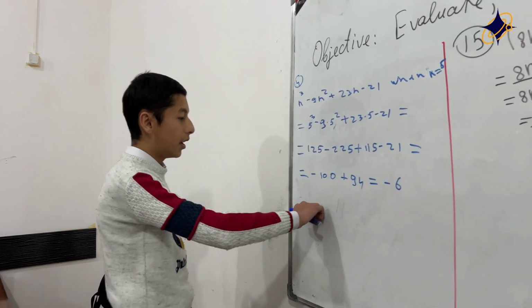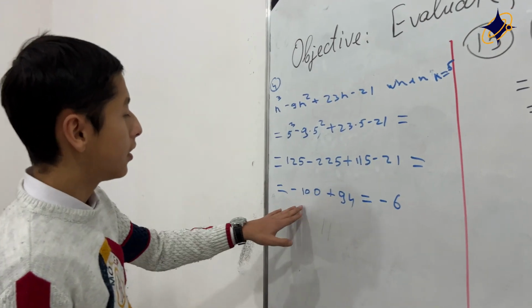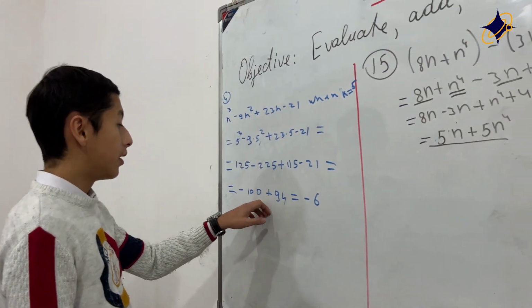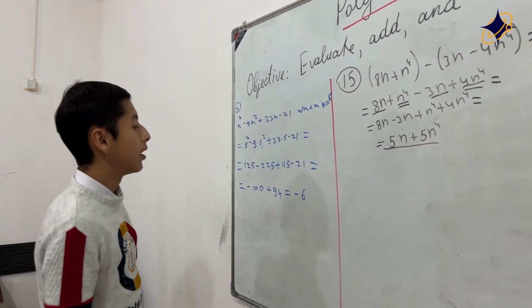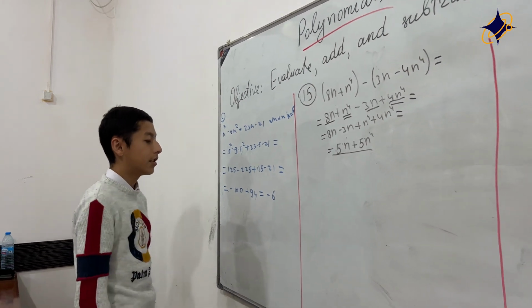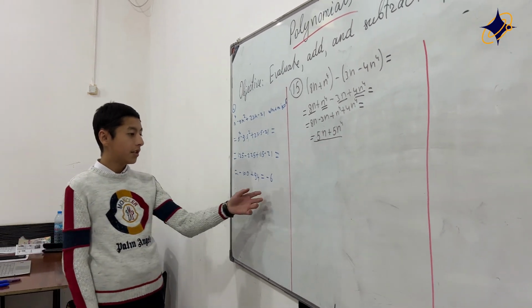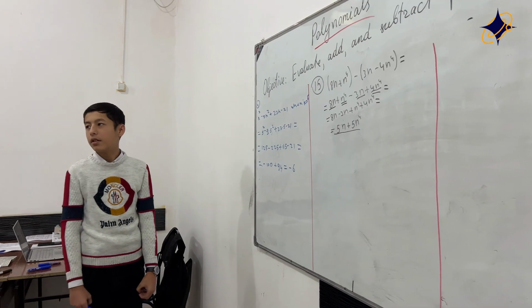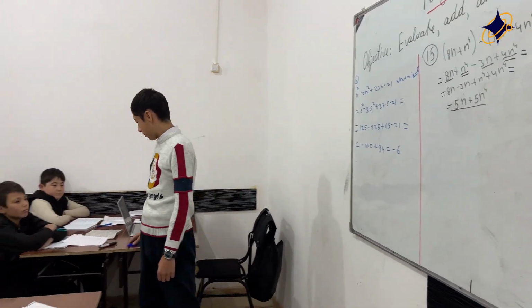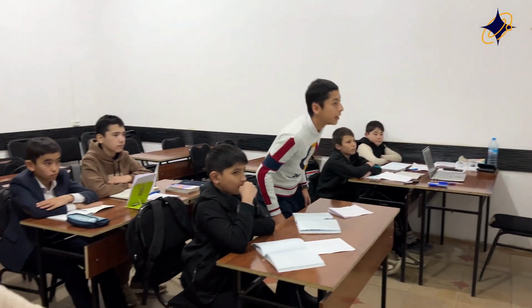Solution: minus 100 plus 94. One solution is minus 6. Okay. Good job. Sit down. Good, guys.